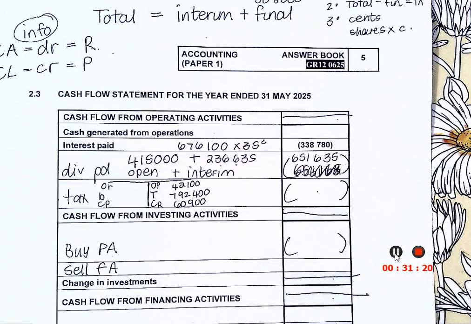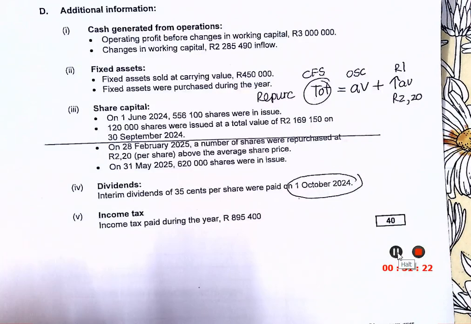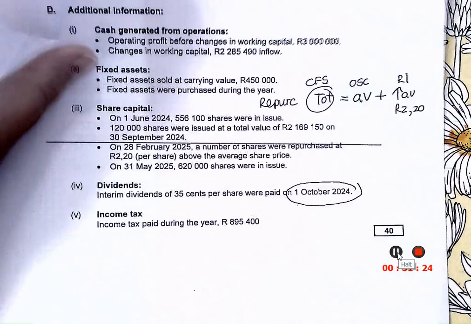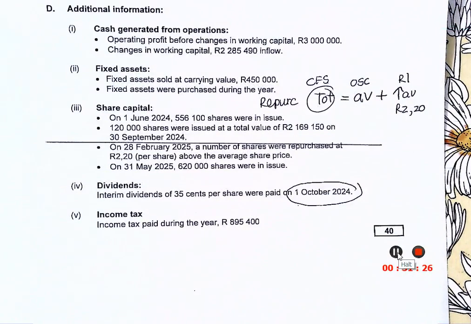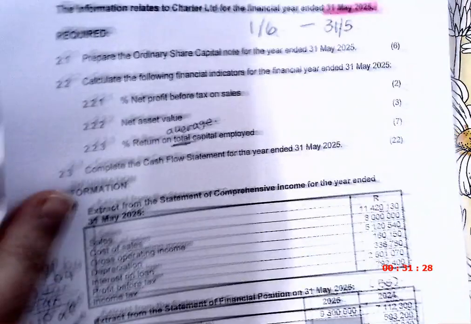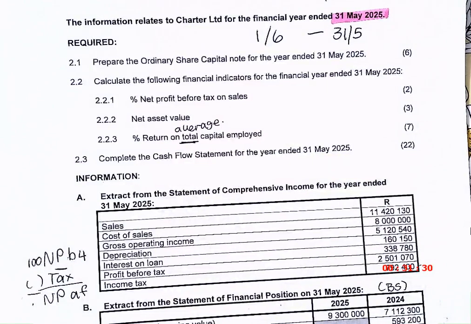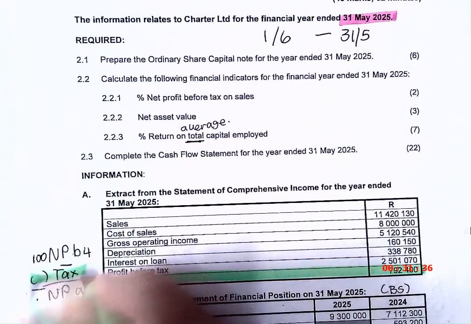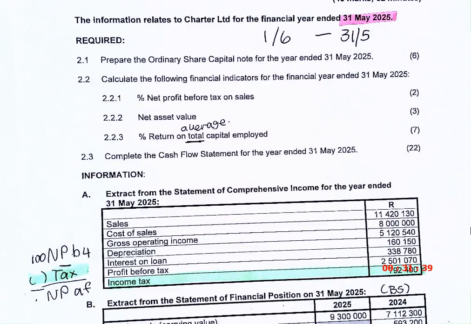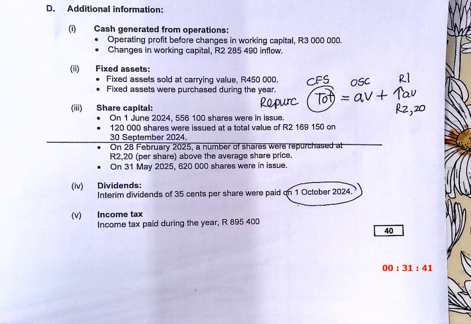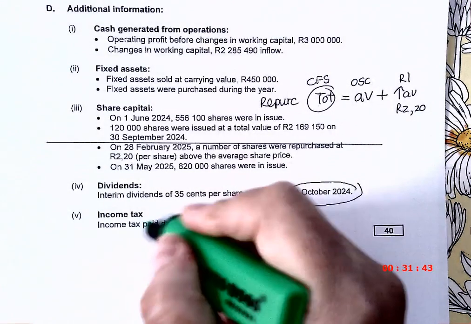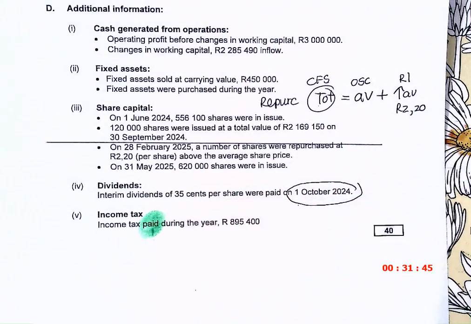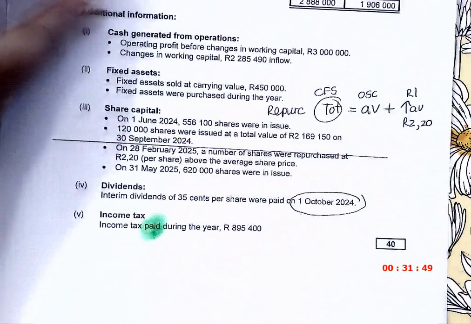So be careful, be very careful, because this income tax that they give me here is my expense. This is the one in the income statement, it's that one. Okay? Read what this one says. Exactly. So we didn't have to do this calculation. They gave me that.